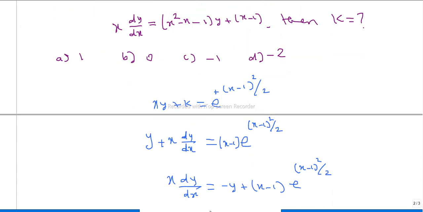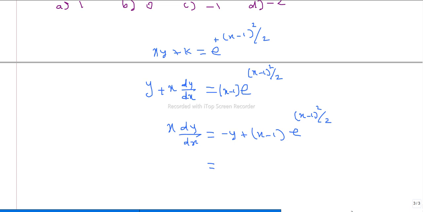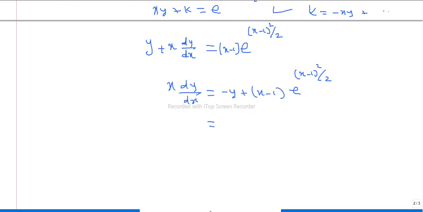So maybe you can replace it. We know that given k, from this we can write what k is, so k equals minus xy plus e power the same thing. So we can directly replace e power (x minus 1) whole square by 2 with xy plus k.